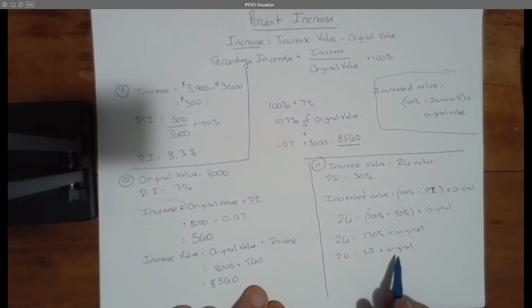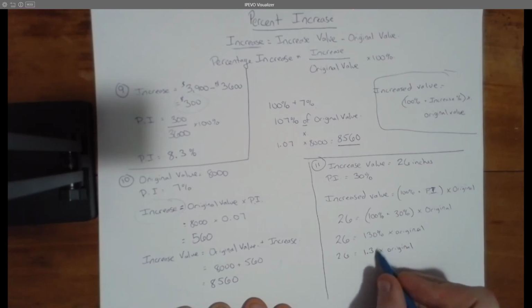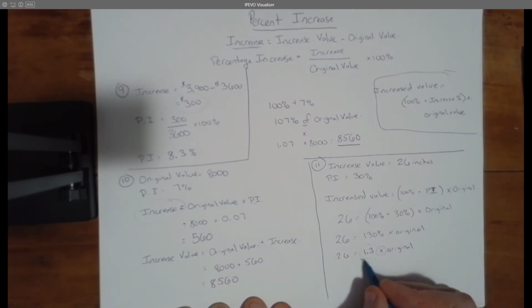Now I want to get the original by itself. We're going back to some of our algebra days in figuring out how to get the original by itself. Right now, I'm multiplying by 1.3. So if you remember back to our last unit, our way of moving things around in equations is to use opposite operations. The opposite of times 1.3 would be divided by 1.3.